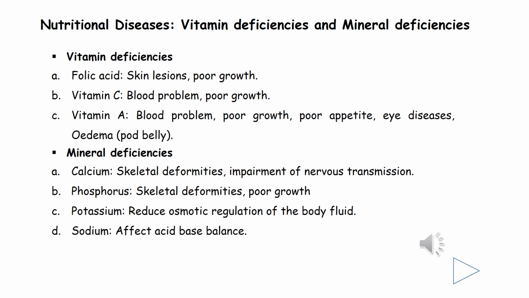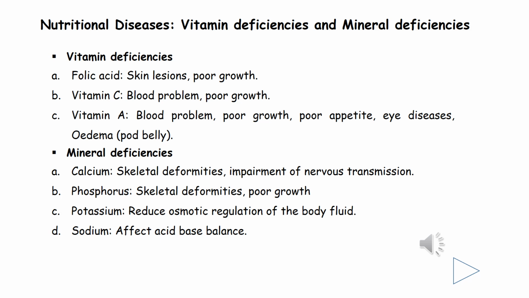Nutritional diseases. Nutritional diseases are mostly caused by deficiency of vitamins and minerals. With vitamin deficiency, especially folic acid, you will notice skin lesions and poor growth of your fish. Folic acids are all B complex.